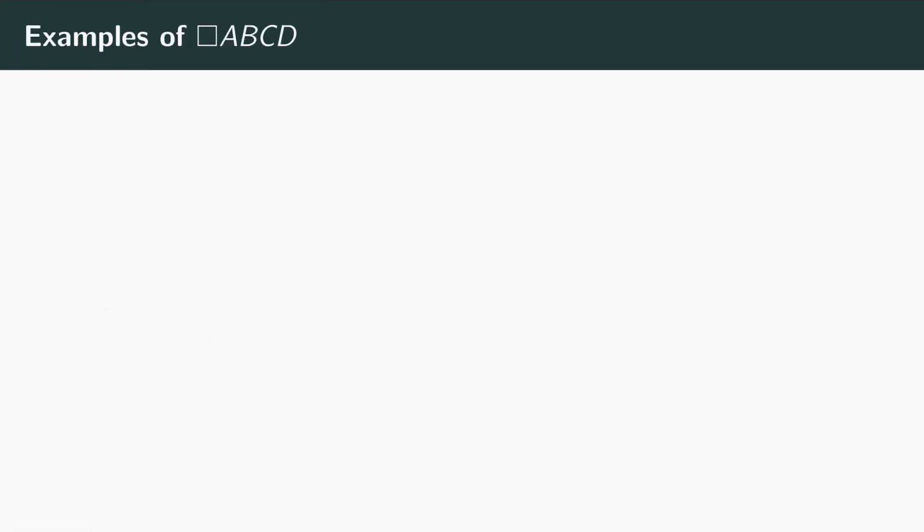So let's draw some pictures of quadrilaterals. So, a very normal looking quadrilateral. A less normal looking quadrilateral.